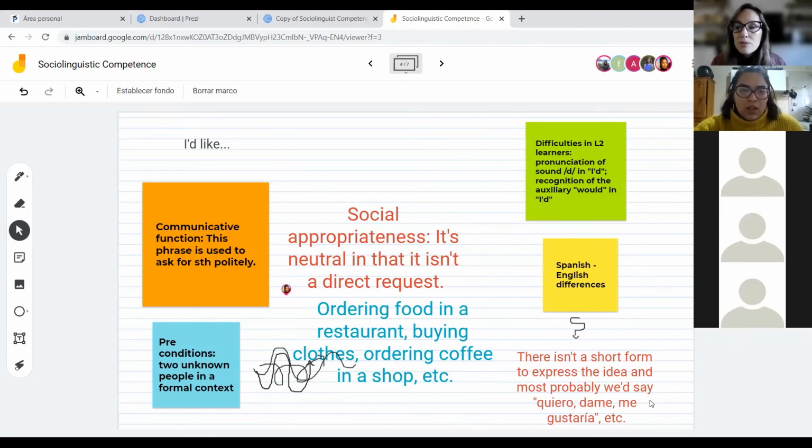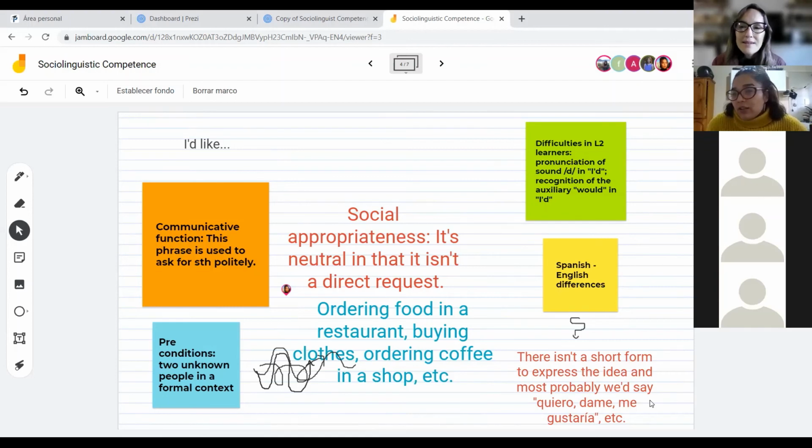But it is true that in Spanish we do have a difference in register. If you say me gustaría, it's usually more polite than quiero. We discussed that with Flor, and she told me that she never used me gustaría in Spanish in the context that we exemplified, for example, when she's at a restaurant.